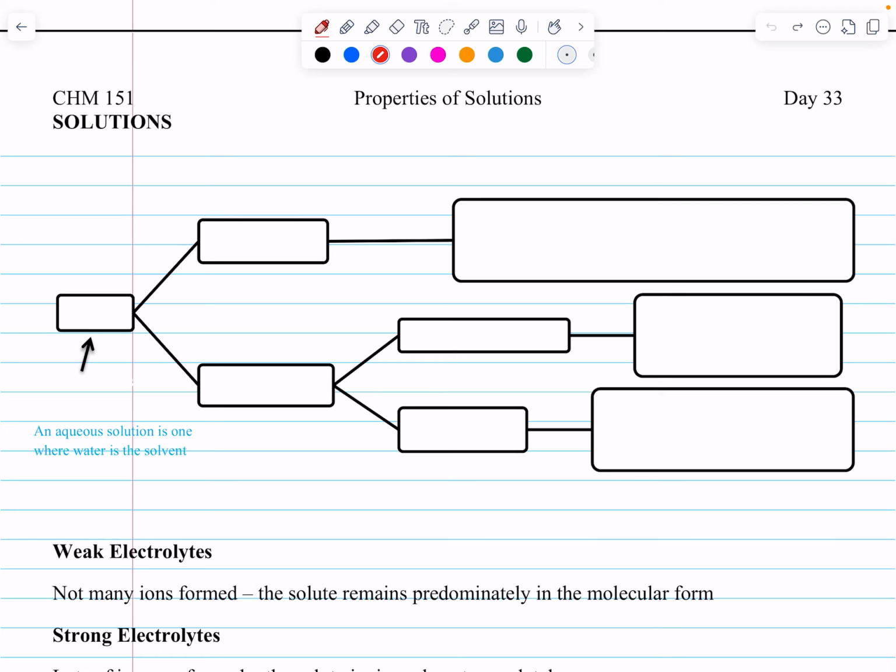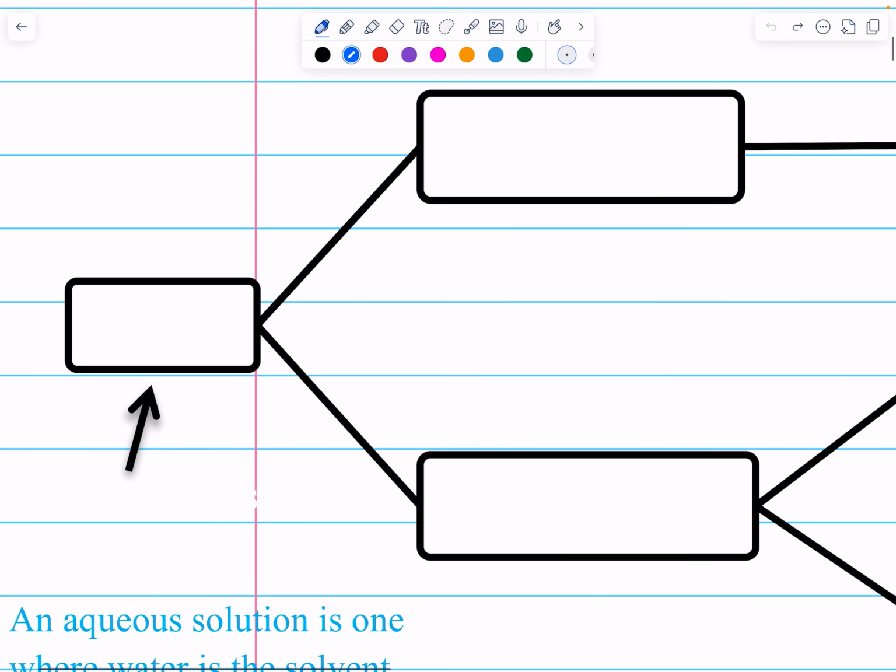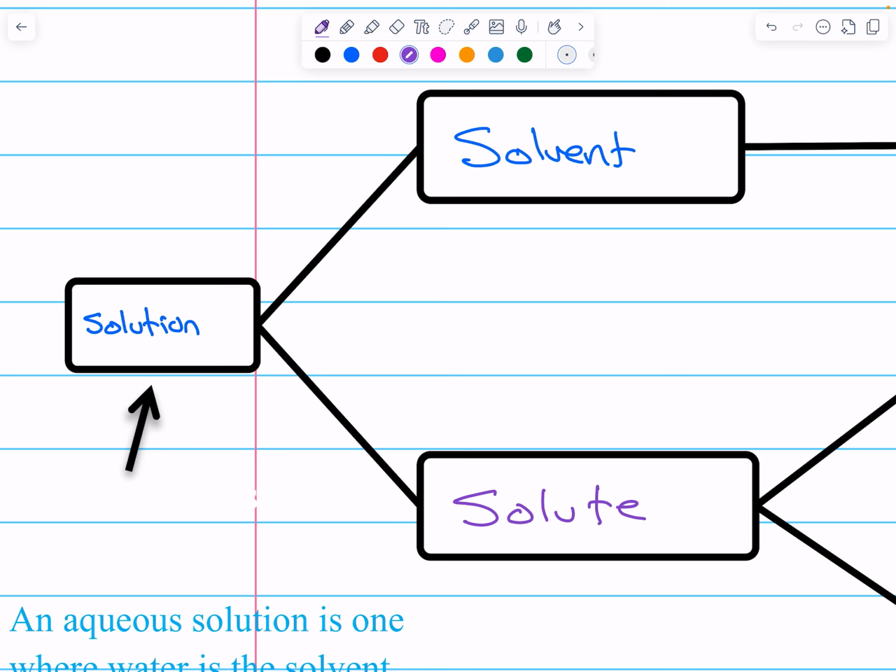We're talking about solutions today. There are two parts of a solution: the solvent and the solute. What are they?